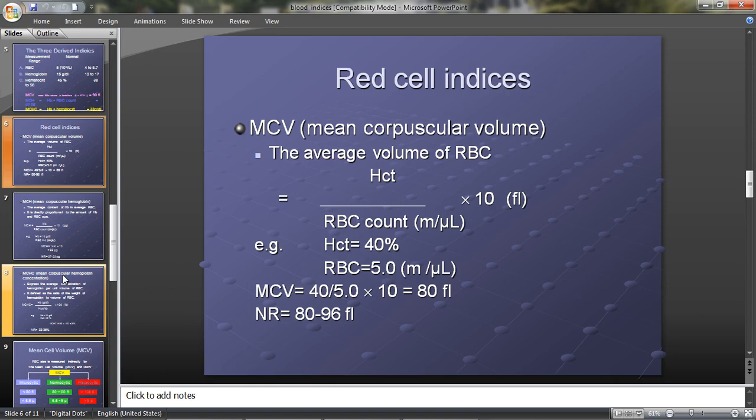Now, to work out an example, we assume that hematocrit is 40%, RBC count is 5. So 40 divided by 5 multiplied by 10 is equal to 80. So the normal range of the mean corpuscular volume is 80 to 96 femtoliters. Femtoliters, remember.